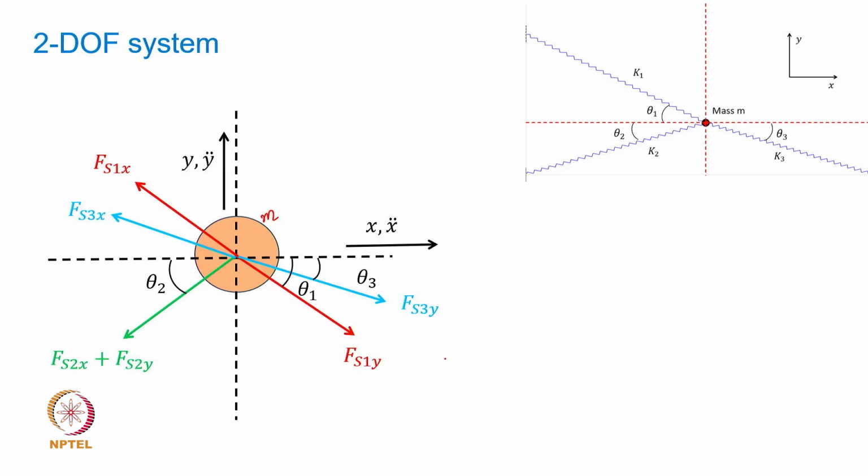For example, let us say spring S3. If it is subjected to x displacement, it is going to get compressed, and that compressed spring is going to ensure that the mass is restored to its original position. So it is going to apply the force along this direction, due to the spring stiffness K3.